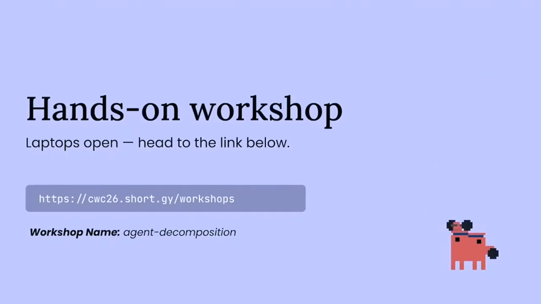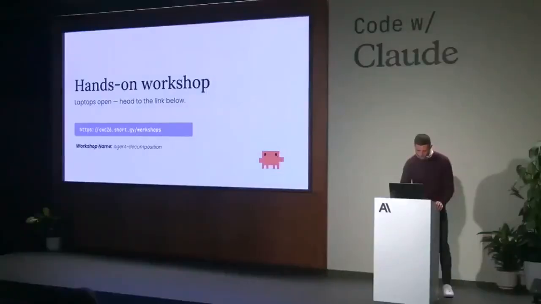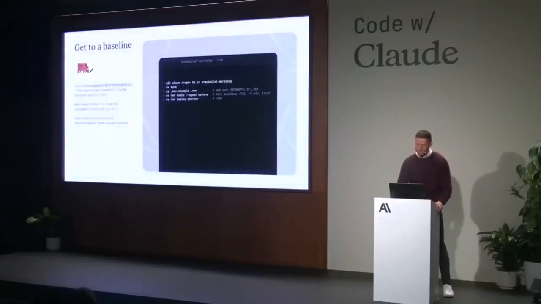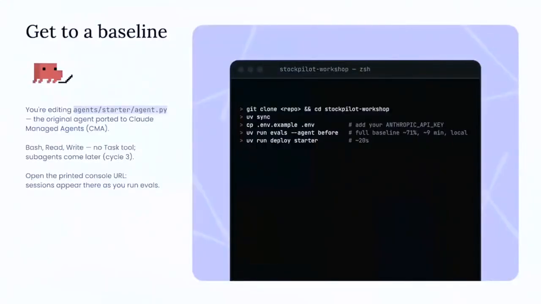Within this workshop, we're going to be working on agent decomposition. That's the name of the folder we're going to be working within. Great. Let me jump forward here. Perfect. The first thing we're going to do as part of this workshop is get a baseline.